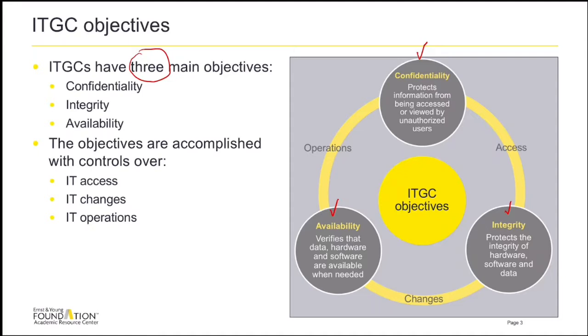And so the objectives are accomplished with controls over, so yung confidentiality and integrity is accomplished with the controls over manage access, or MA. And then availability and integrity with MC or manage changes. While confidentiality and availability is with operations or MIOT, pala, IT operations.